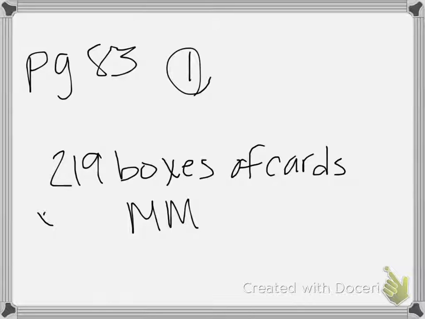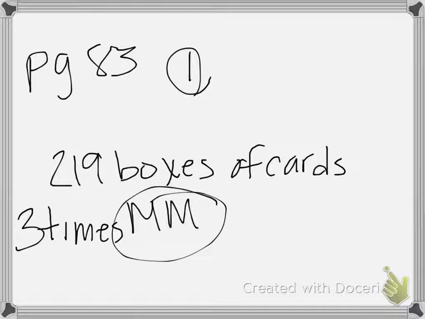I'm going to put 2 times as many. Oh, excuse me, I messed up. It is 3 times as many boxes of cards. How many boxes of cards does Mary's Market have?